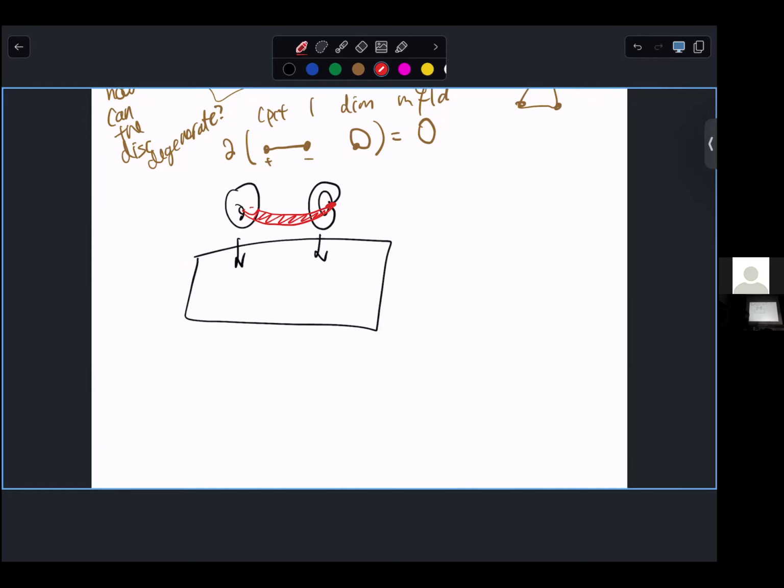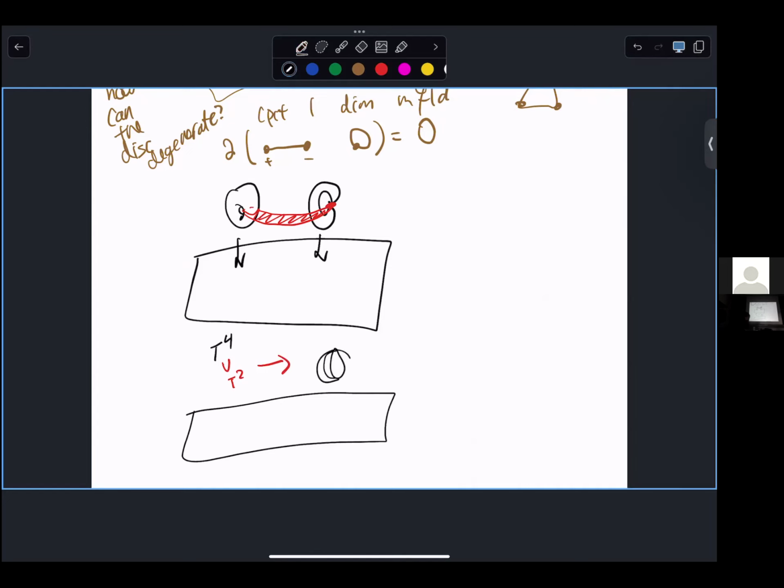But if you're in higher dimensions, so T4, then you'd have a T2 inside of that going to a point, so you have dimension 2 going to dimension 0. And it wouldn't be a manifold then, because it's singular.